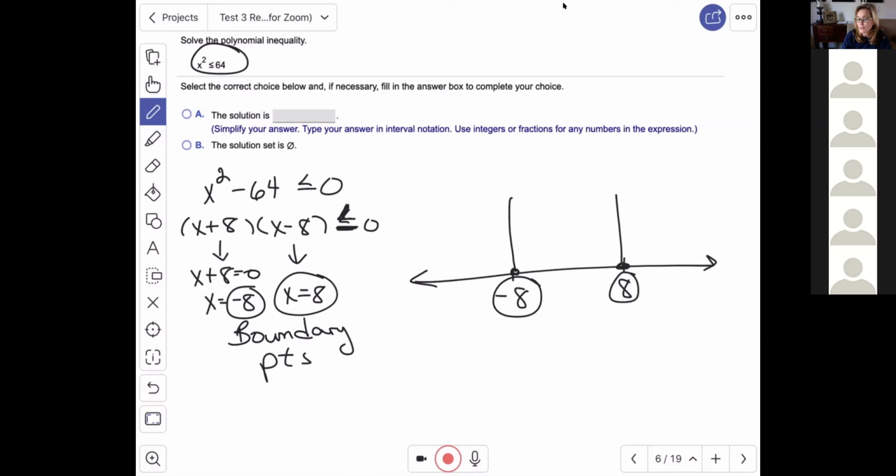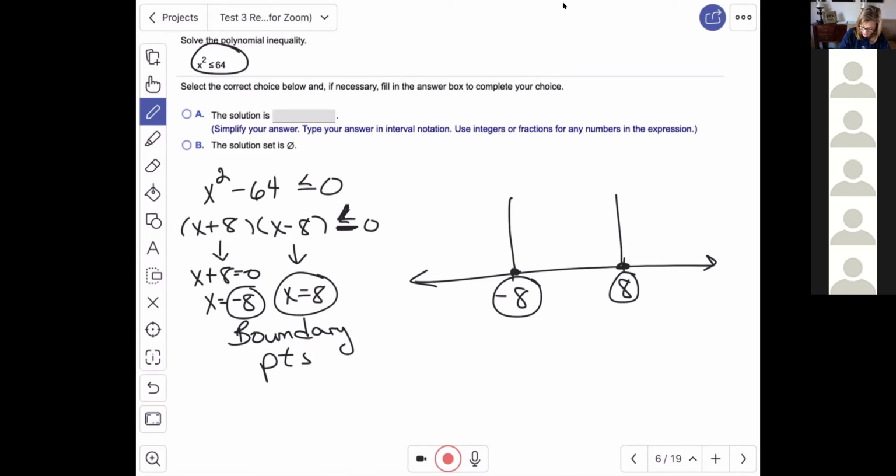A straight line and a closed dot represent the same thing. All that means is when you write your answer, you'll put a bracket in interval notation. Just one thing real quick. If the original problem had been strictly less than 0, then you would have put dotted lines. So that's the difference.